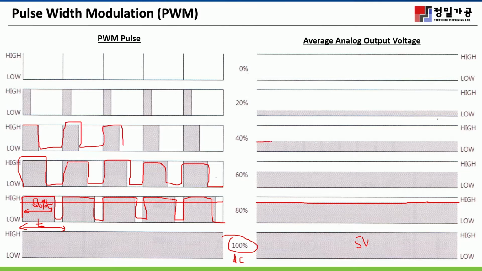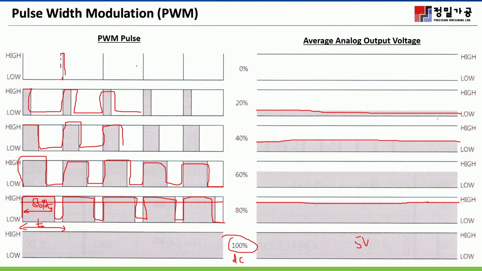This one is the average voltage for a 40% duty cycle for analog output, and this one is 20%. It's a very low output voltage, and this one is a 0 duty cycle, nothing.